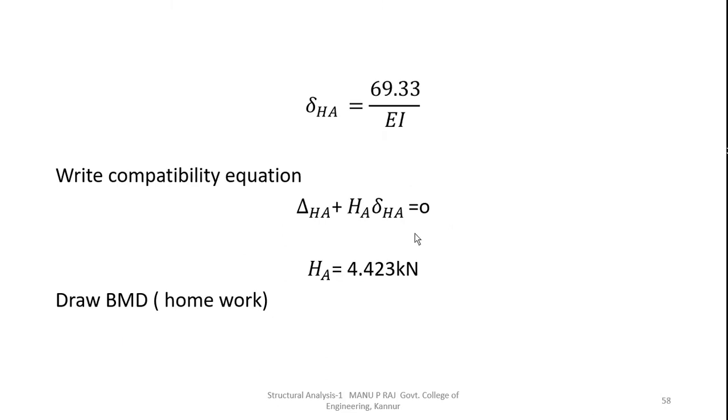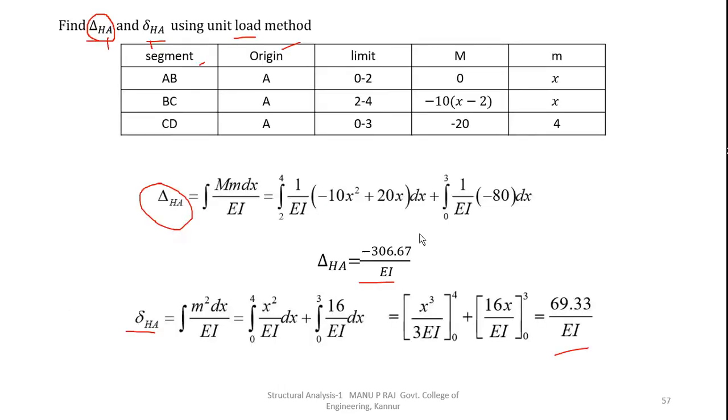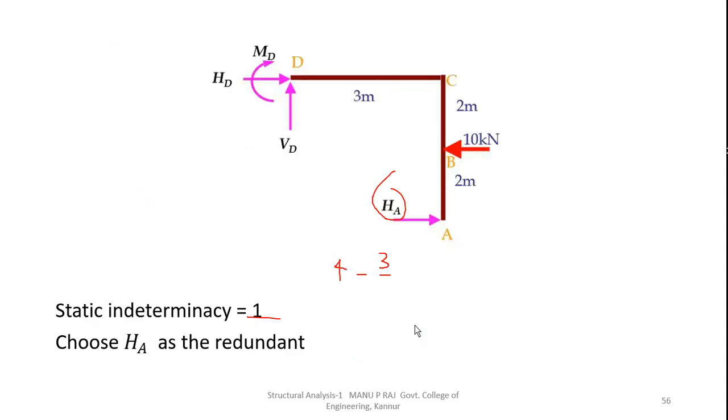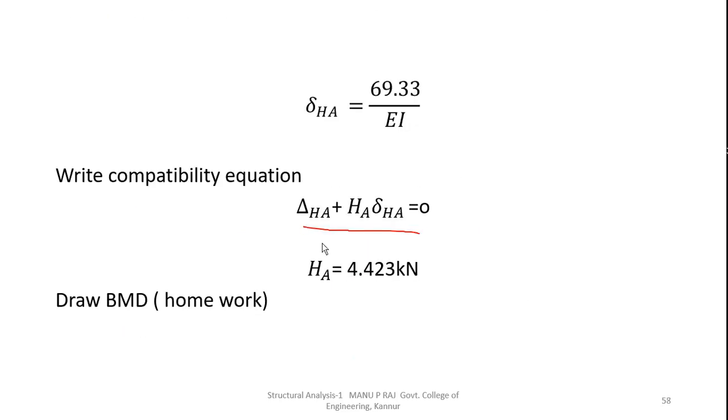Now write the compatibility equation. There is a support at A, the roller is in this direction, so there is no horizontal movement. So the compatibility equation will be net deflection equal to 0.